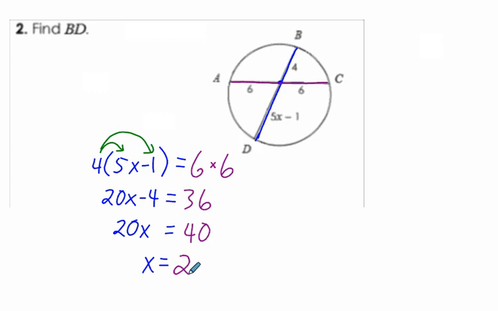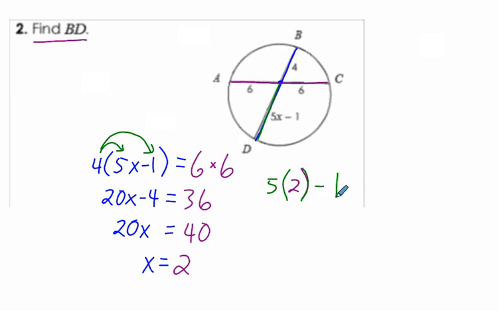Now if you notice up here, it says find BD. So it's looking for the actual length of that chord from B to D. So we would just go back and substitute the x that we found into this part that's missing. So we would have 5 times 2 minus 1.